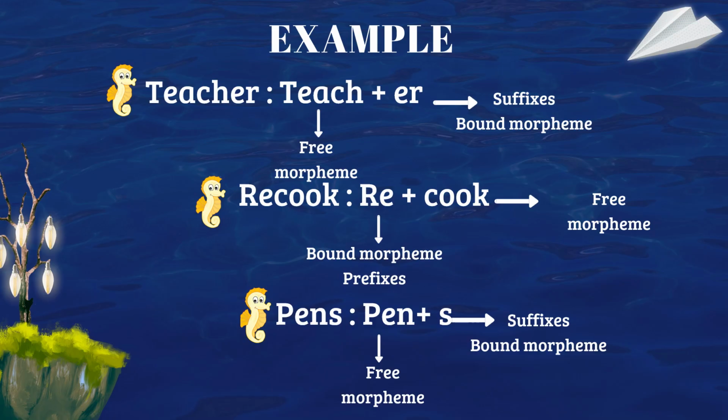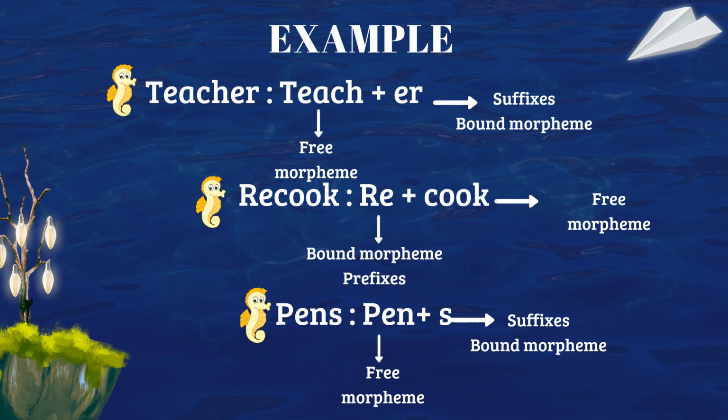Er is a suffix and also a bound morpheme because it has to be attached to another word. Second example is recook. We split it into re and cook. Re is a prefix and a bound morpheme. Cook is a free morpheme.